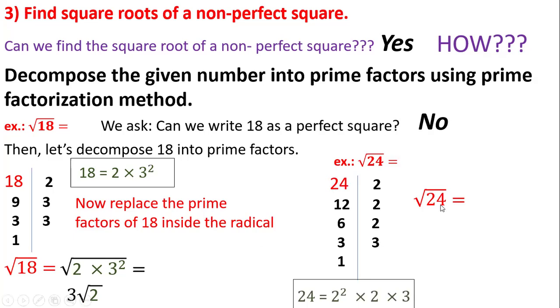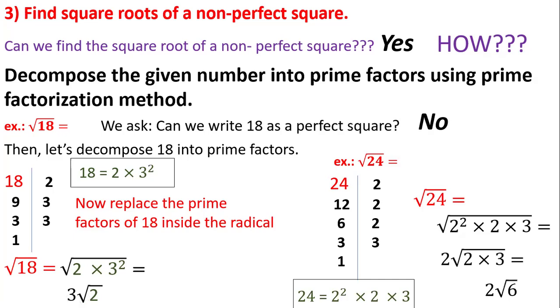Now we replace the prime factors of 24 inside the radical. So now I ask, 2 squared, because it has an exponent 2, it comes outside the radical as 2. And we leave inside the radical 2 times 3 since they do not have exponent 2. So my answer will be 2 times radical 2 times 3 equals 2 radical 6.